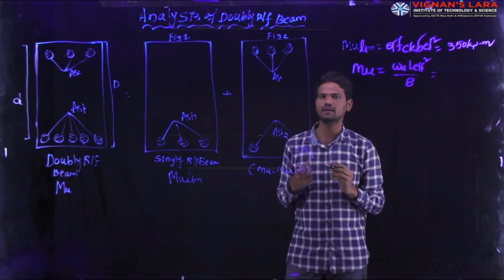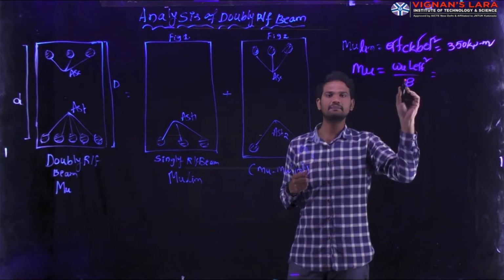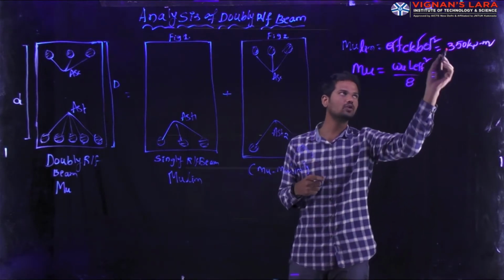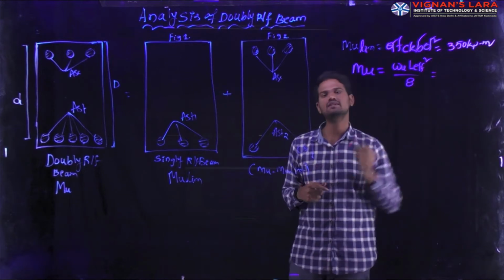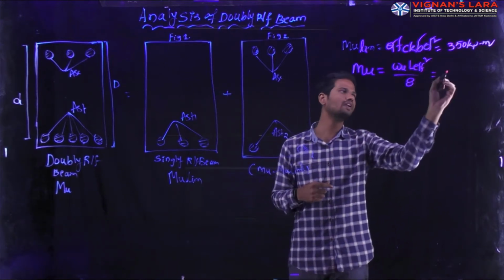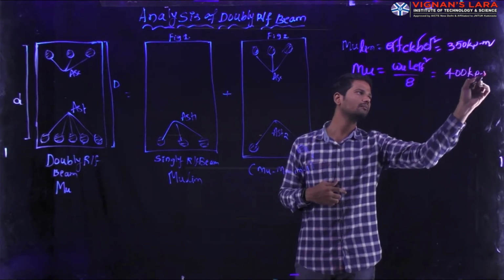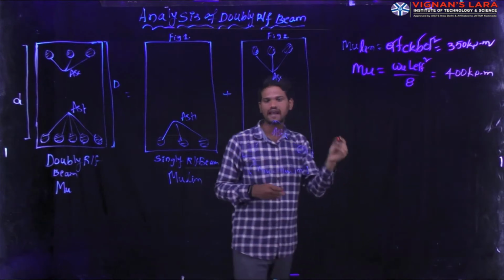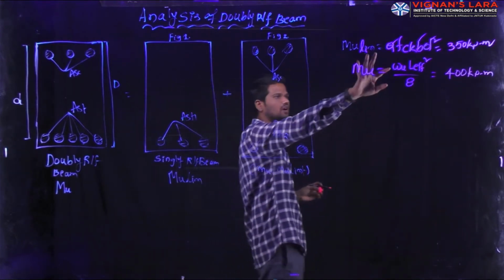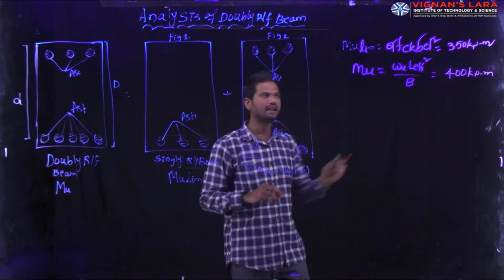Based on that load, the applied moment may exceed the limiting moment. Suppose the carrying capacity of the beam is only 350 kilonewton meter, whereas the applied moment is 400 kilonewton meter, by calculation considering some amount of load.